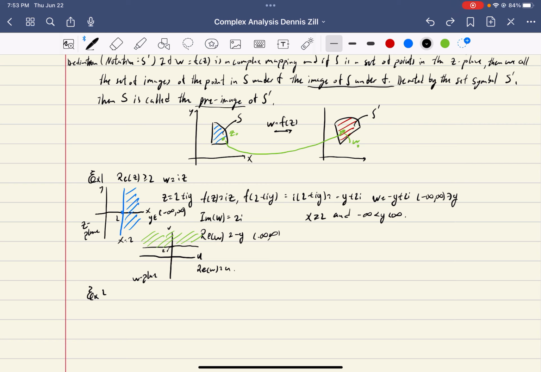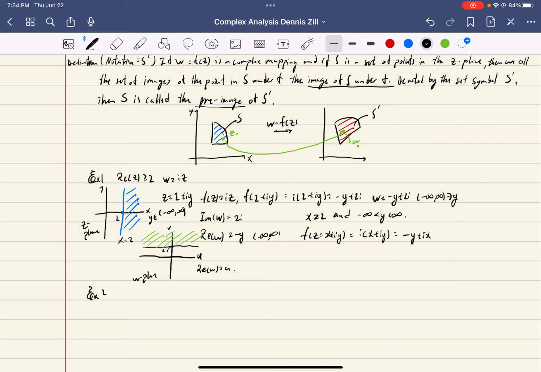But I say, if we don't know, we should plug in z equal to x plus iy, right? And that implies i times (x plus iy) is equal to negative y plus ix. But we know that x is restricted.